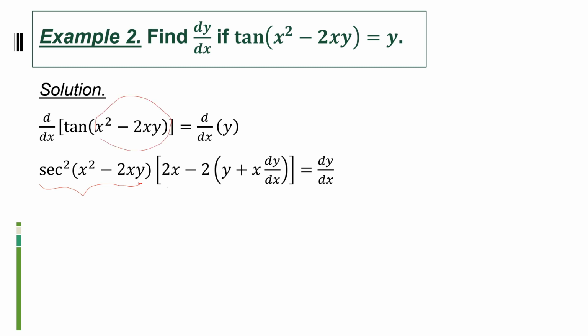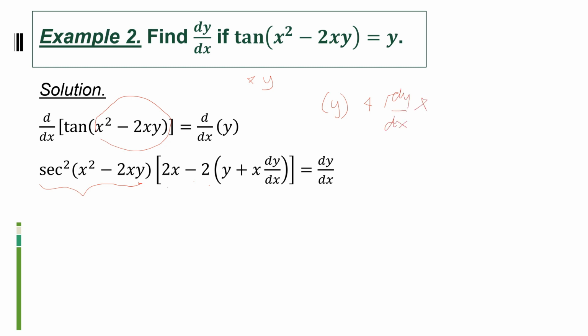So, we have 2x minus 2 times, okay, the derivative of a product. The derivative of the first, 1, times y, plus the derivative of y, which is dy over dx, times x.